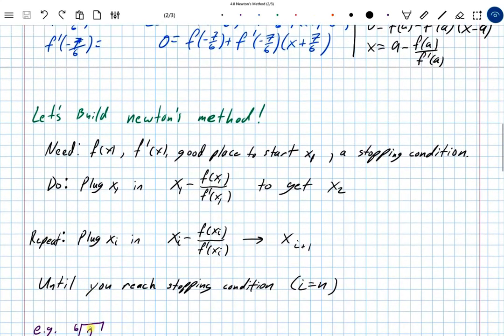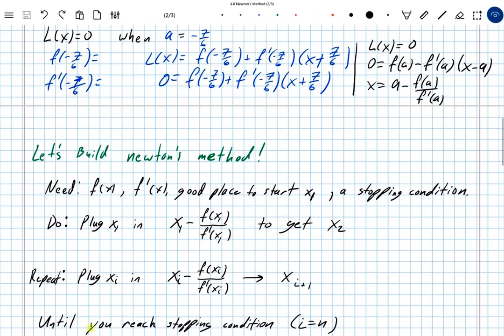So what I'm going to do is start at my x1, that was my a, and plug it in to this formula, x1 minus f of x1 over f prime of x1, which is exactly what you get if you take the linearization and set it equal to 0. Okay, just written out with x1s instead of a's.